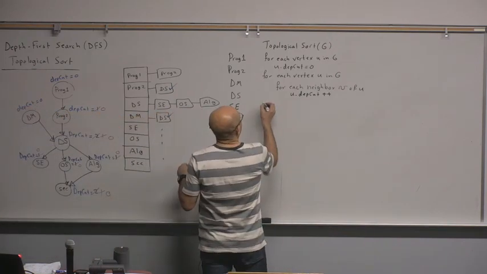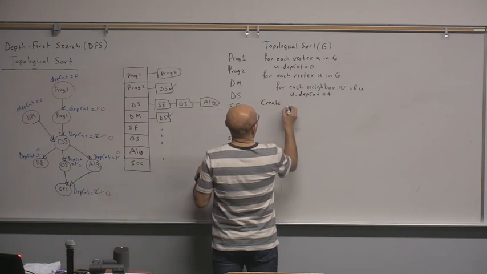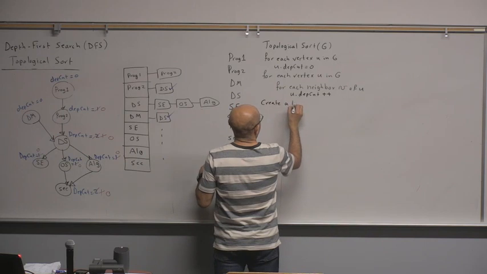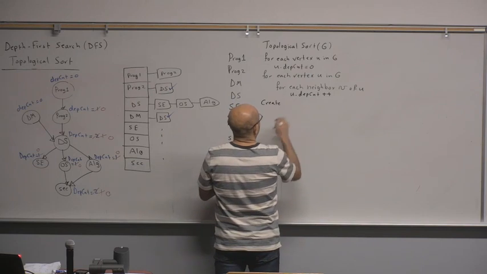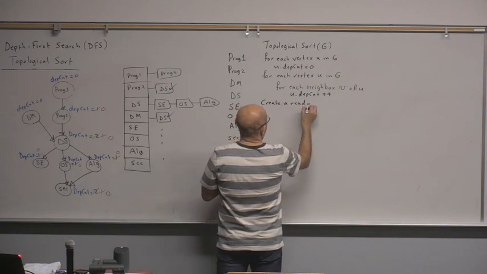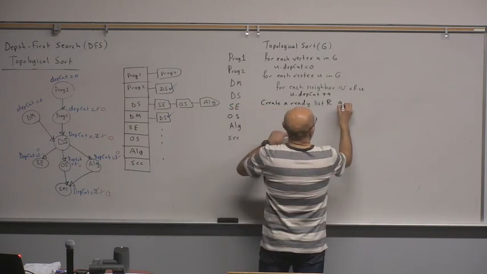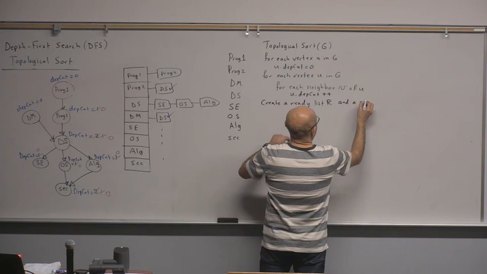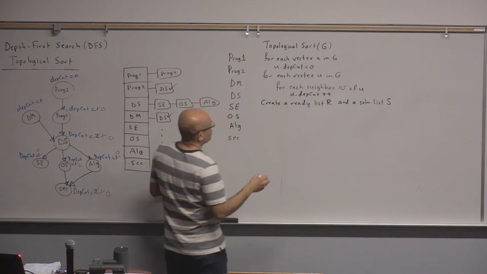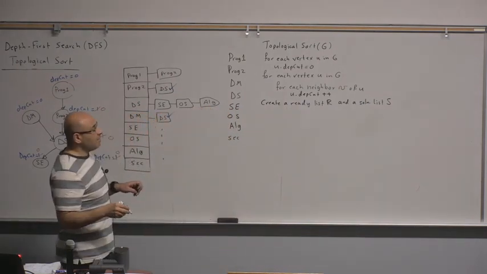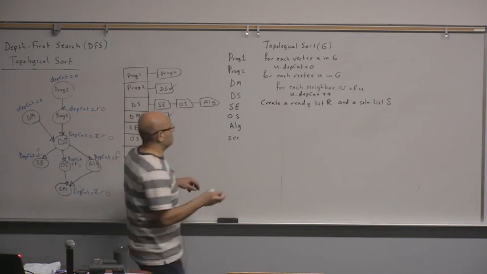So now create a list, a ready list R, and a solution list S. So now every vertex with dependence count of 0, we put it in the ready list.